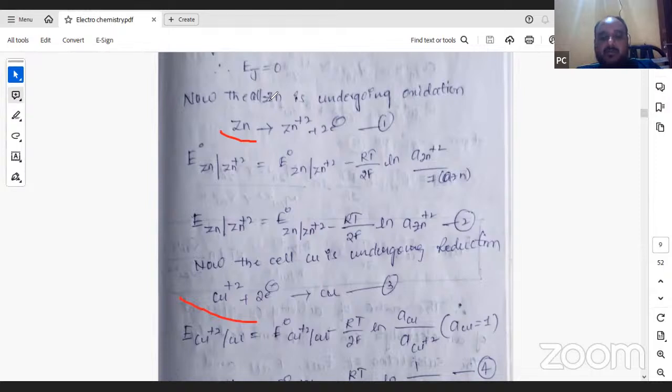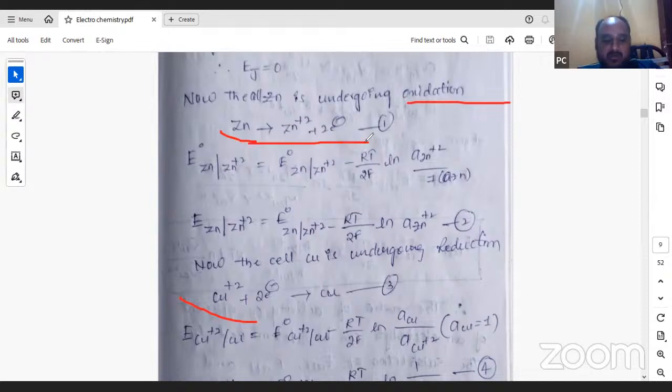When the copper reduction potential is more, it is always involved in reduction. So automatically zinc is involved in oxidation. Therefore, zinc is undergoing oxidation, and this is the oxidation reaction.